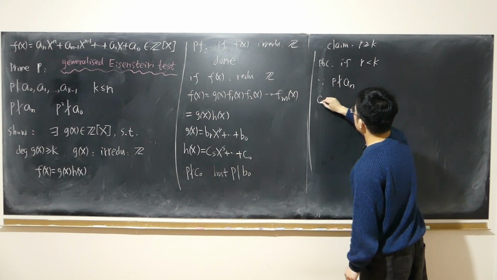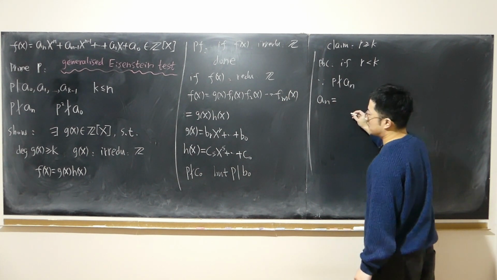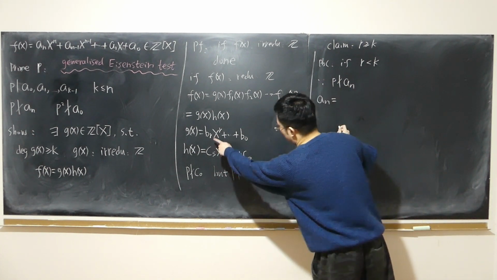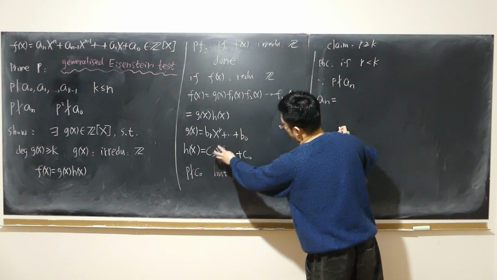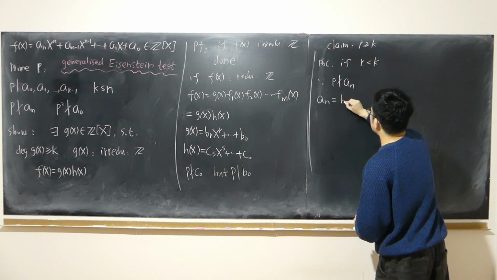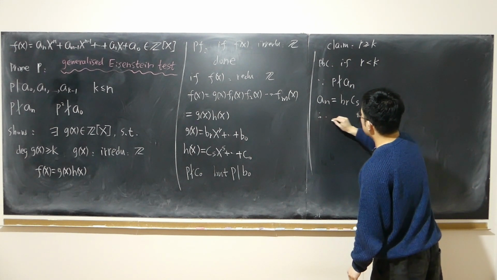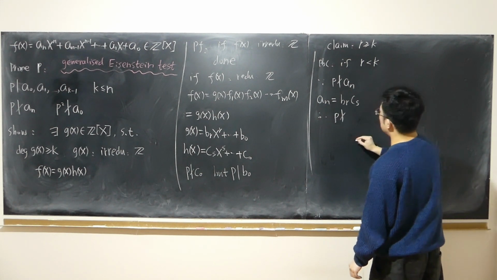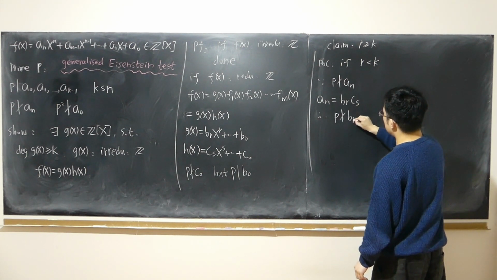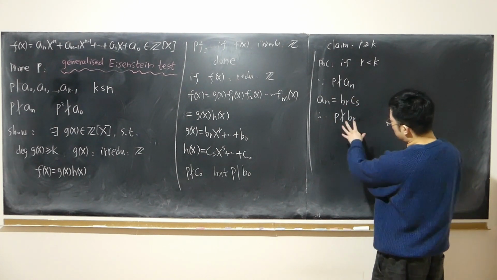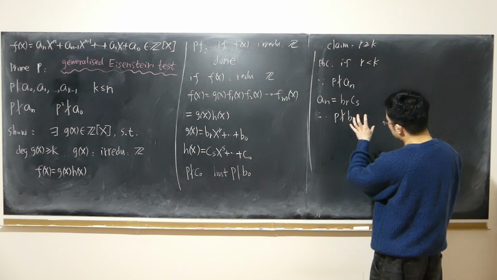And also a_n can be written as b_r times c_s, that's the first term. So therefore, P does not divide b_r. This is obvious, right? Does not divide b_r.